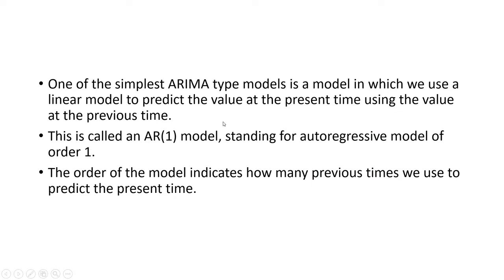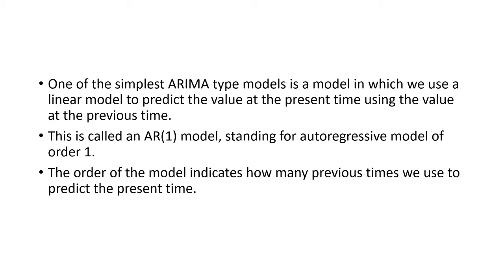So if you want to do regression for this kind of data, if you got covariates or predictors, then you can use auto-regressive integrated moving average model. So we can use that model to predict the value at the present time using the value from the previous time.